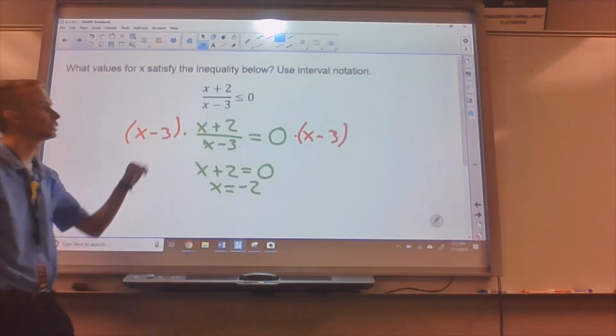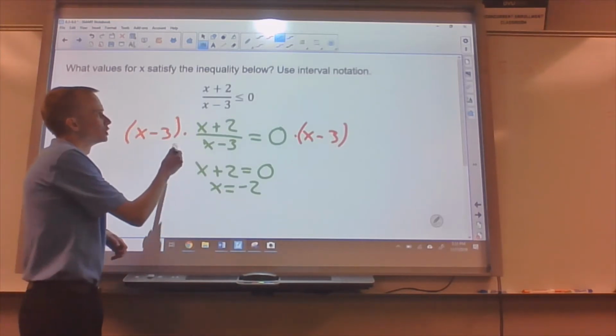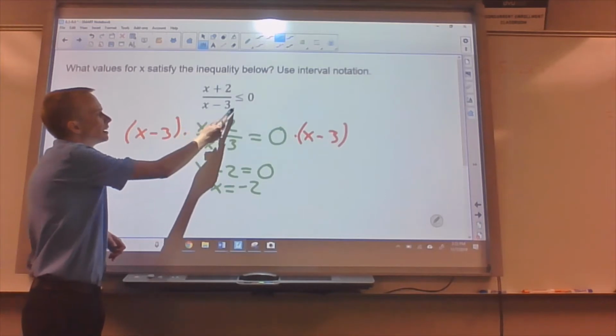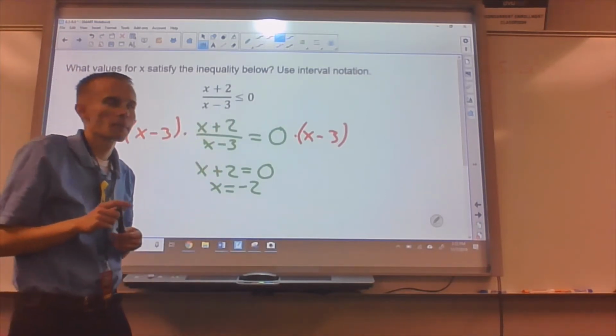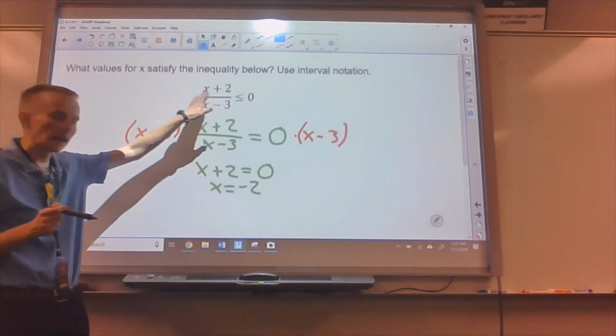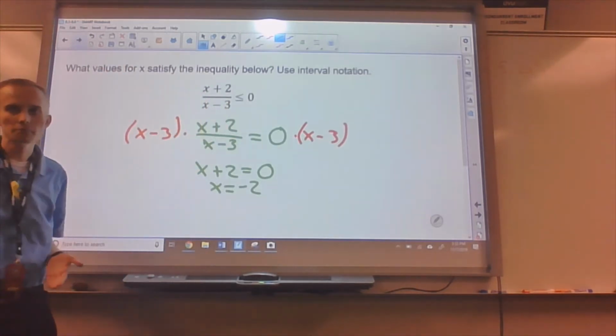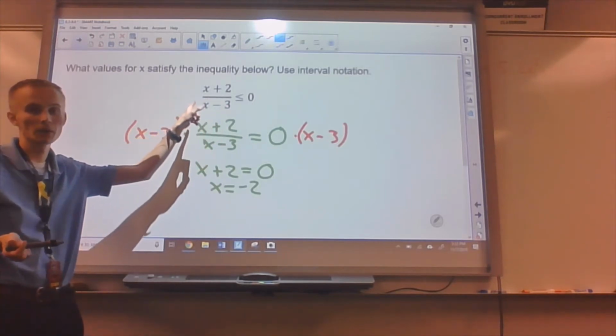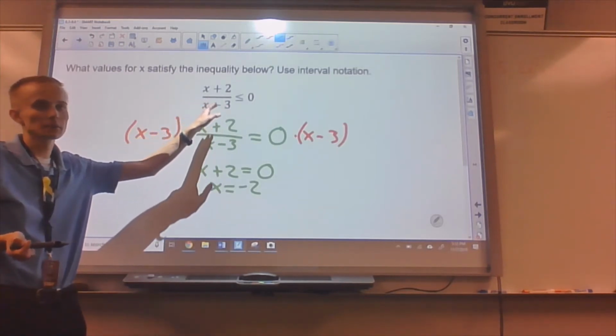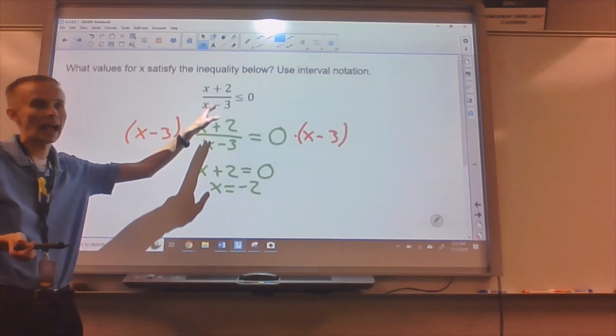The only other issue with this is that I had something in the bottom of this fraction, and we all remember that we can't divide by 0 in fractions, right? This couldn't be 0. So if it was 0, some weird things can start happening, okay?